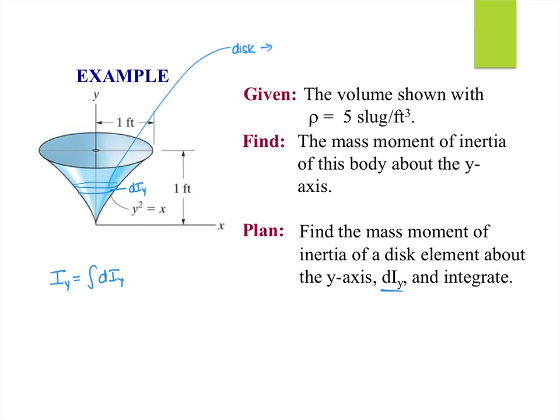I can remind myself the moment of inertia of a disk is 1/2 mr squared. And so the dI_y would be 1/2 dm times r squared. And the dm is the density times the dV. This is the element of volume.